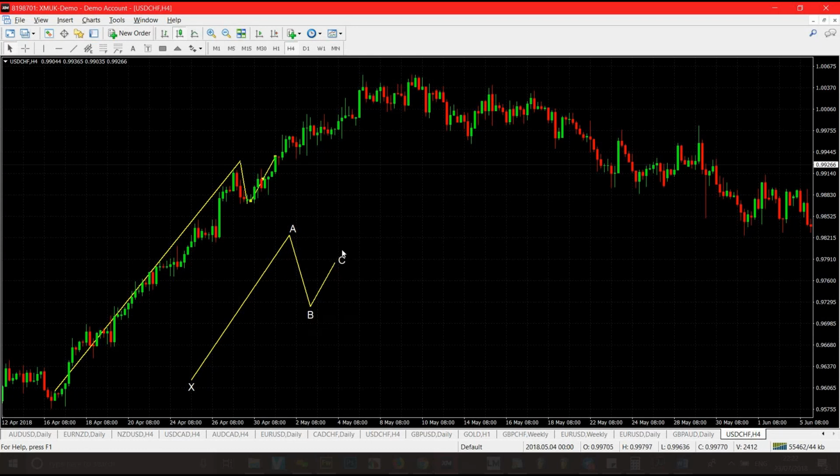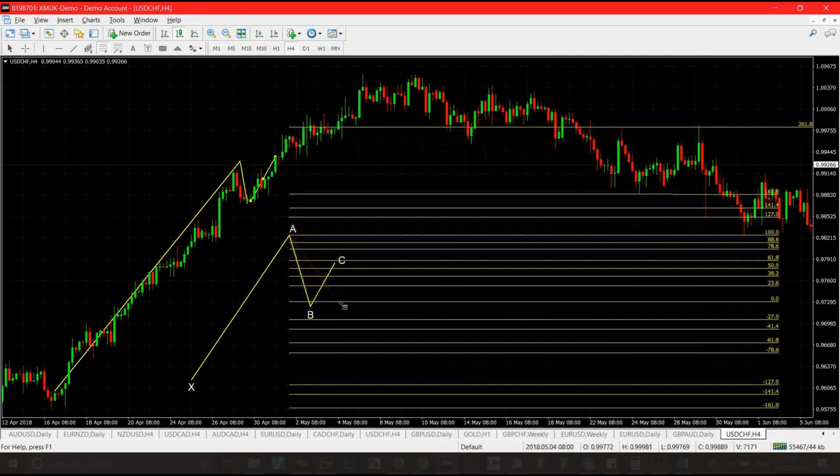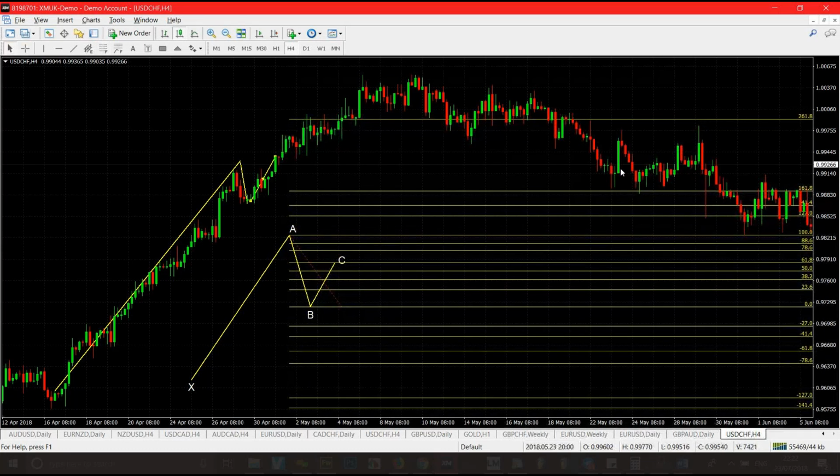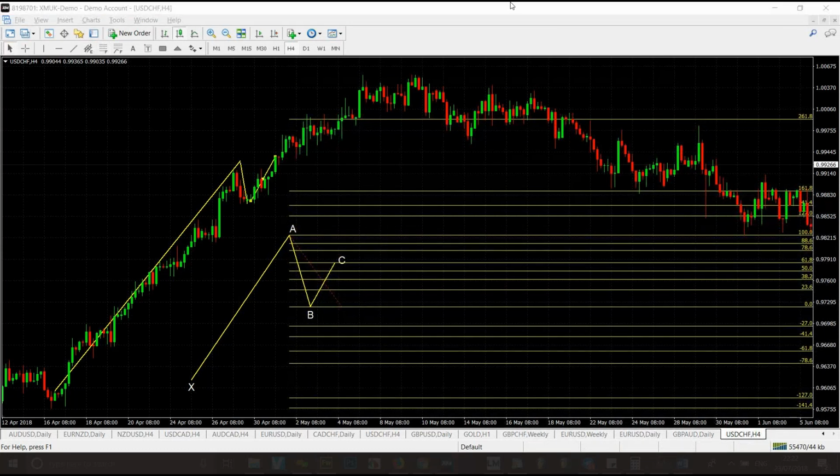So how do you find your C leg? Same process. Pick up your fib level, measure it all the way from A to B. Okay, I might need to take out this bubble. It's in the way. Okay, so you need to find your C leg. And how do you find it?